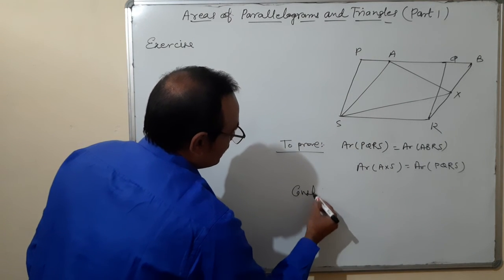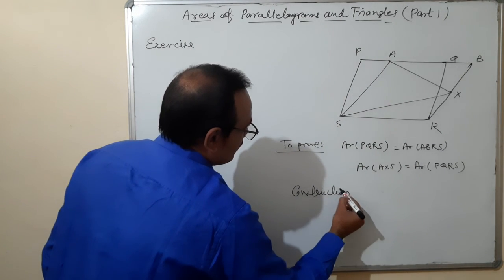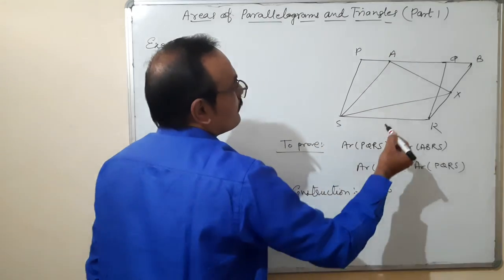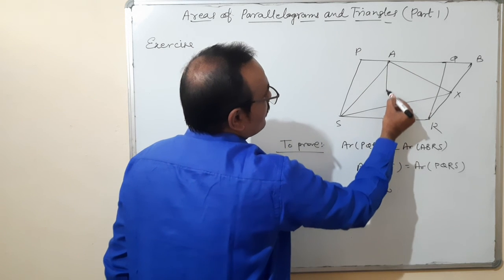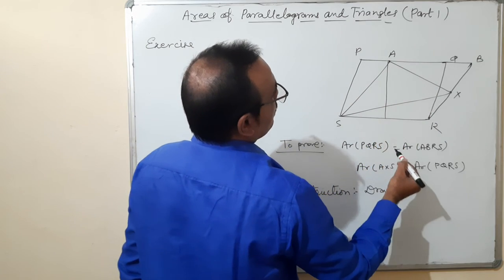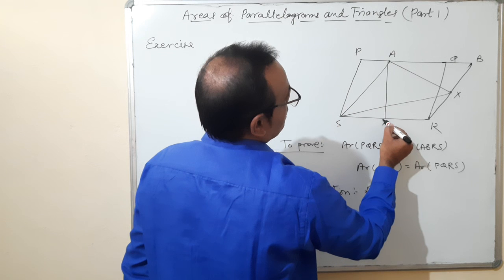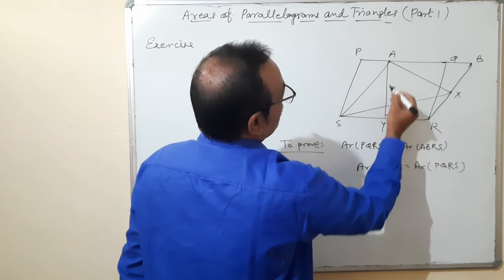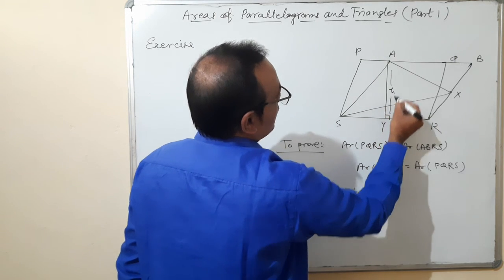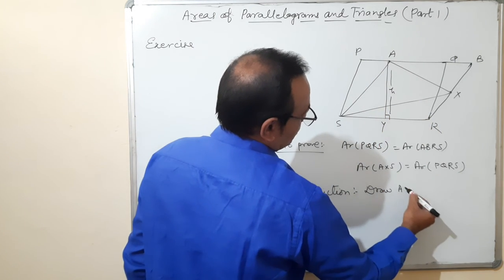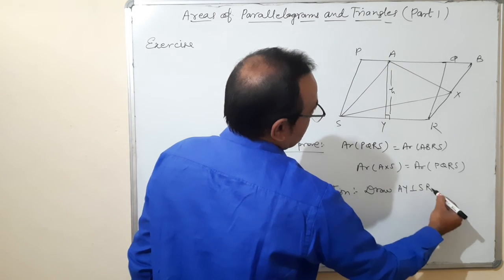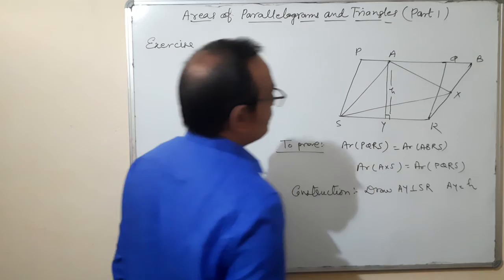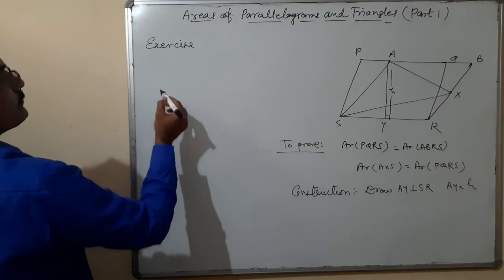I can draw one perpendicular. Draw AY perpendicular on SR, and AY is equal to, suppose, H, the height. Okay. Simple proof.